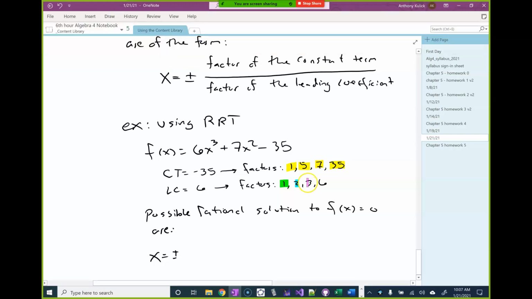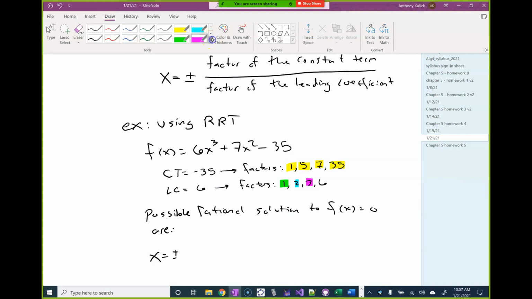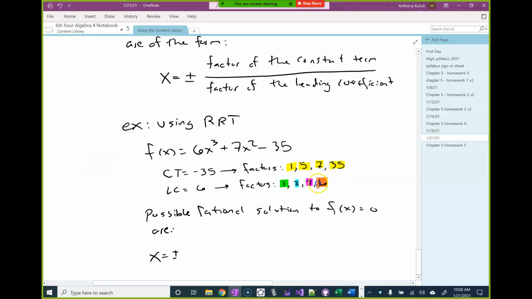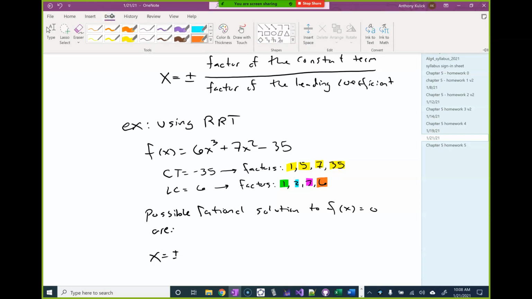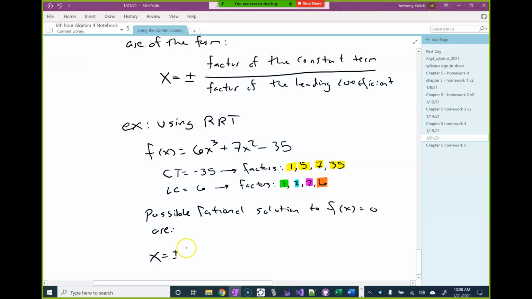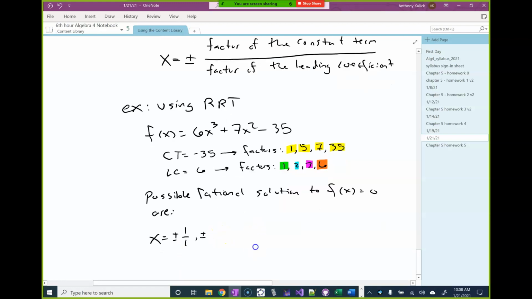Then I'm going to have my factors of 35 over my second factor of 6. And I'll have my factors of 35 over the third factor of 6. And then I'll have my factors of 35 over my last factor of 6.